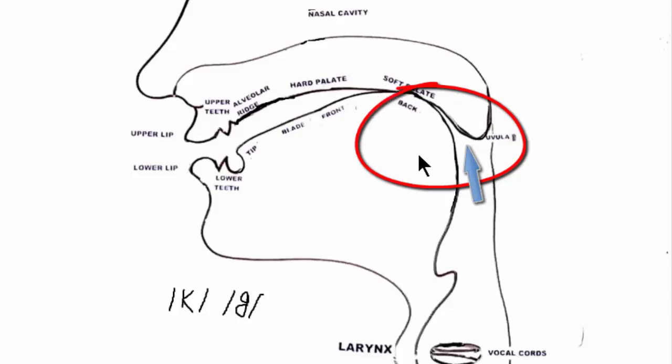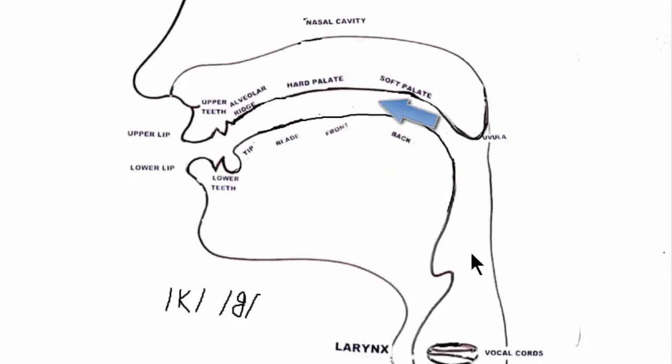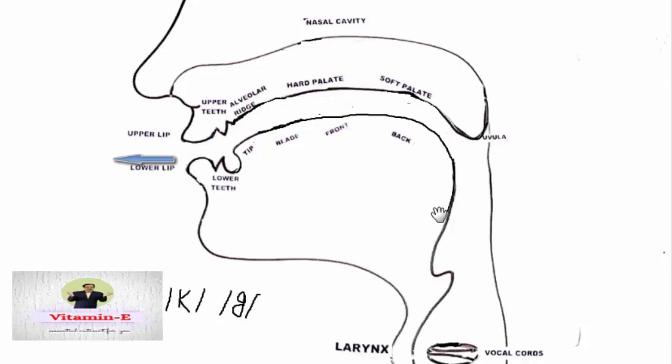And in case of the active articulator, that is the tongue, the back of the tongue is raised toward the soft palate and makes a firm contact, and because of this contact the air gets blocked here. This air will be released only when the tongue is lowered, and the blocked air gets released with a sudden explosion, causing the production of velar plosives like k and g.